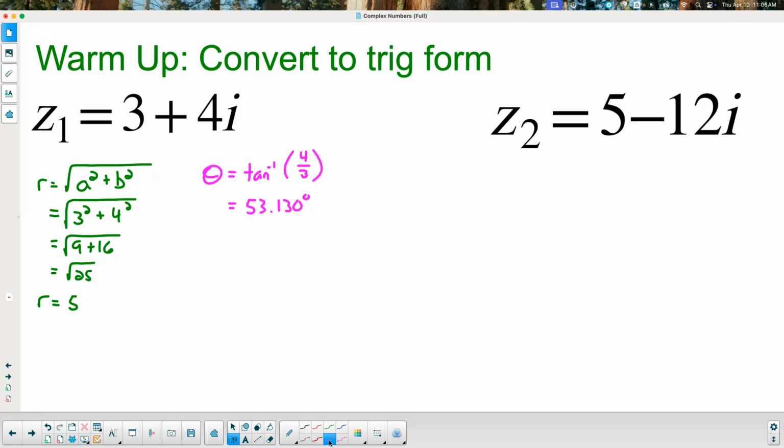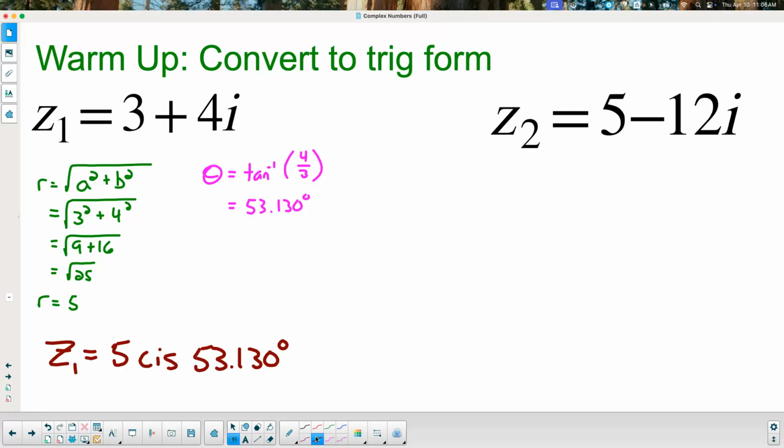So the trig form of this z sub 1 would be 5 CIS 53.130 degrees, because today we get to use the shortcut.